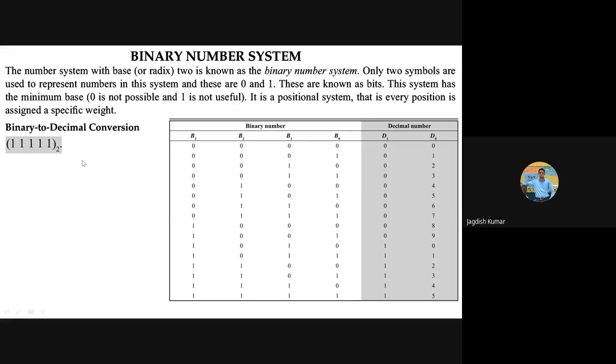Now, how do we write down a number? This is the convention we follow: in brackets, we write down all the digits of the number, and then the base is written as a subscript outside the bracket. So 11111 with 2 as the base represents the number 11111 in the binary number system.